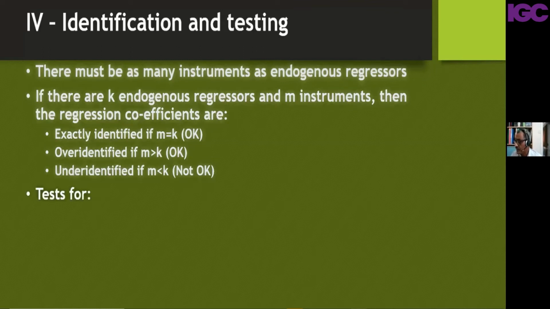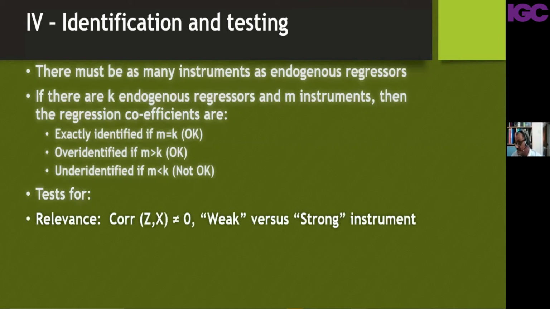Now, when you are using the instrumental variables method, you have to have tests for relevance. You have to test whether Z is correlated with X or not. If Z is not correlated with X, or the correlation is very low, then you have what is called a weak instrument.